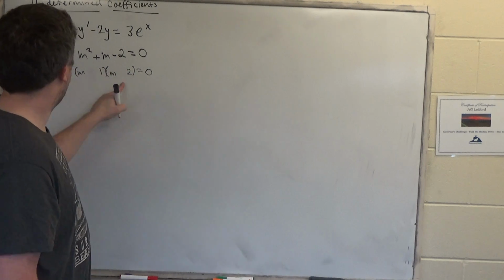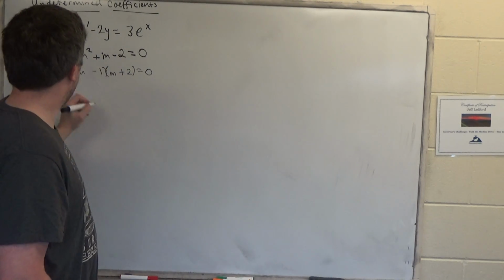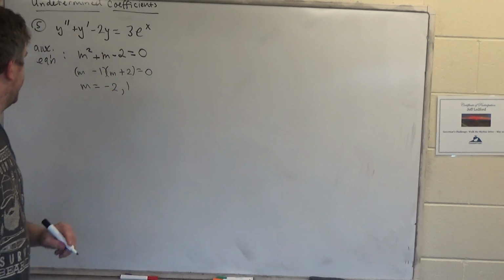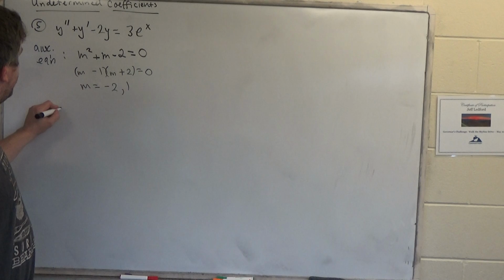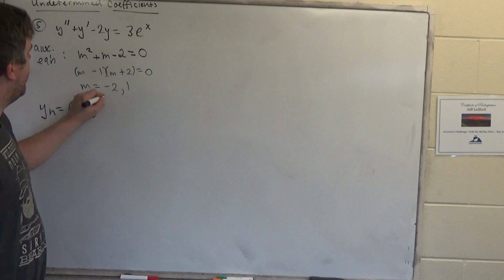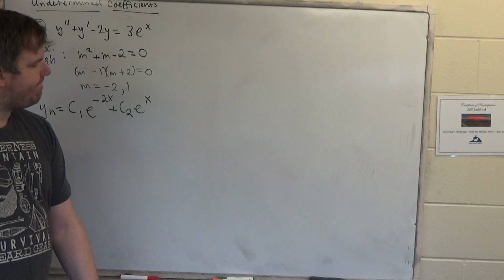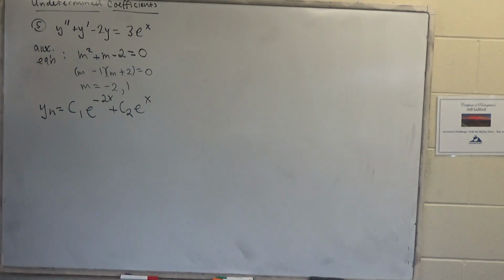Let's see, negatives is plus, and that should be minus. So m is negative 2 or 1. And the homogeneous solution is just c1 e to the negative 2x plus c2 e to the x. Okay, so our homogeneous solution is found.